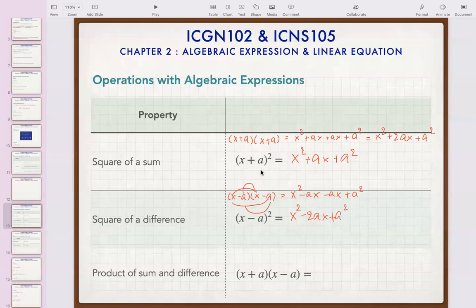Next is the product of sum and difference. The product of sum and difference means you have two groups that are multiplying. The first group is a sum, the second group is a difference, so we call it the product of sum and difference. Here I apply the FOIL method again.